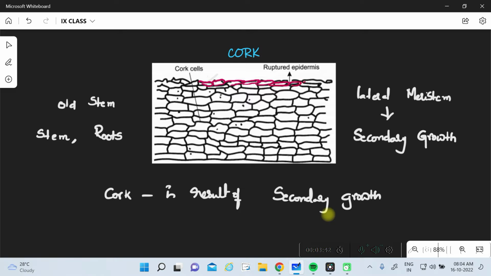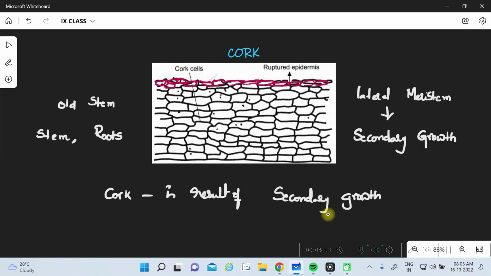This epidermis is ruptured during the secondary growth. Because the secondary growth damaged the epidermis, there should be another tissue which protects the internal structures of root and stem. So that's why the cork has evolved during the secondary growth as one of the protective tissues. Okay.